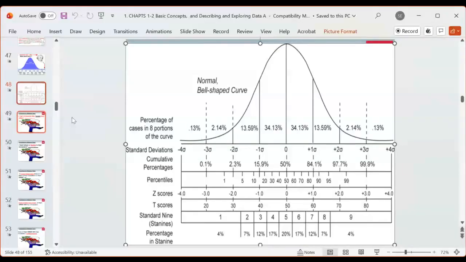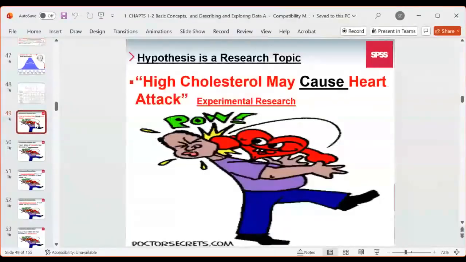Just briefly, the last thing I'm going to say is about your research hypothesis. You have to be careful about selecting your hypothesis, because words are very important in your hypothesis or doctoral dissertation topic. For example, in the next 4 slides, you only have 2 variables, high cholesterol and heart attack. These 2 are your variables that you can measure.